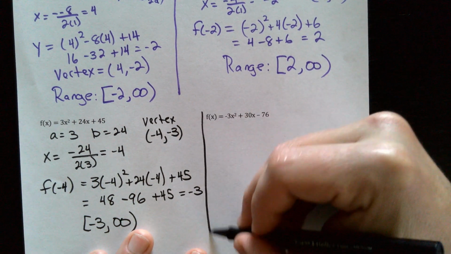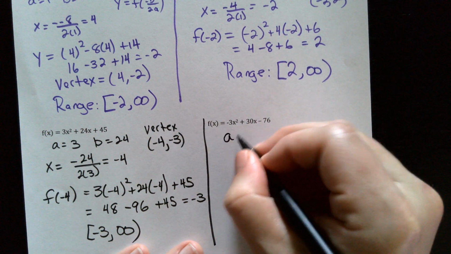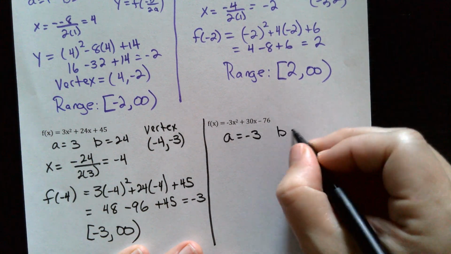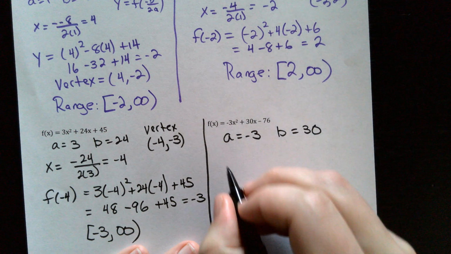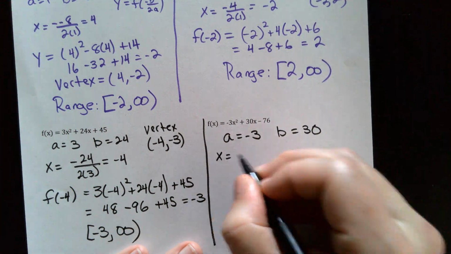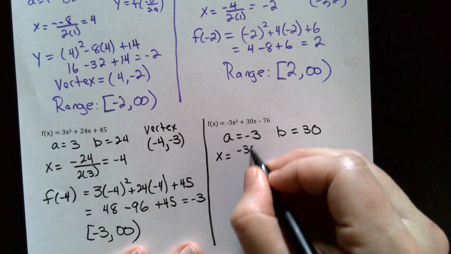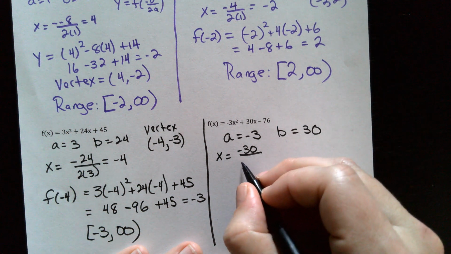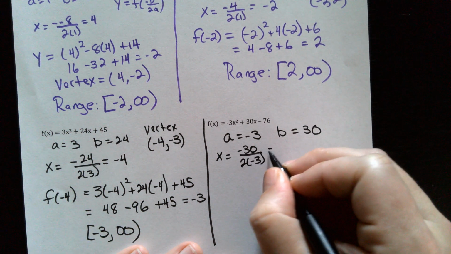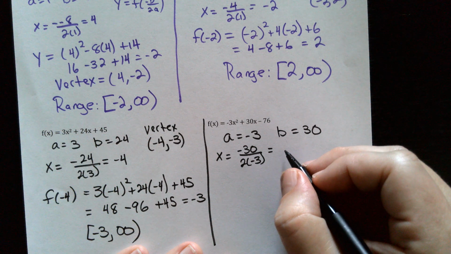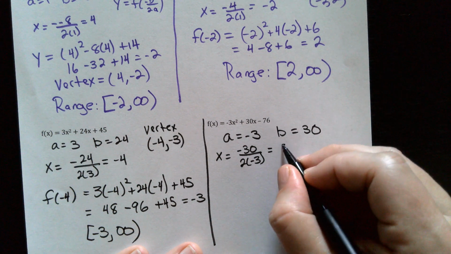Okay, last one. So a is equal to negative 3, b is equal to 30. So x is equal to negative b, so negative 30 over 2a, 2 times negative 3. That's negative 30 divided by negative 6, which would be 5.